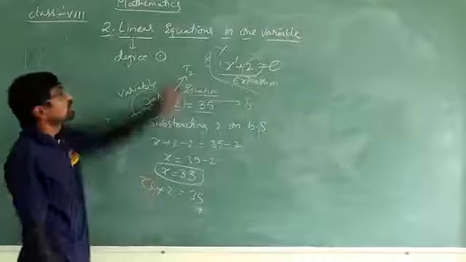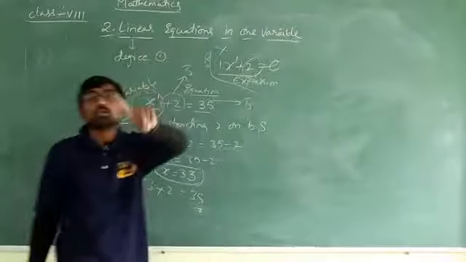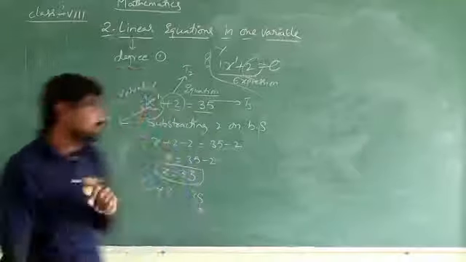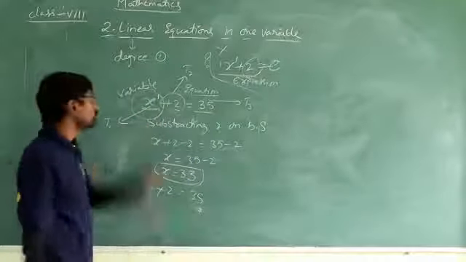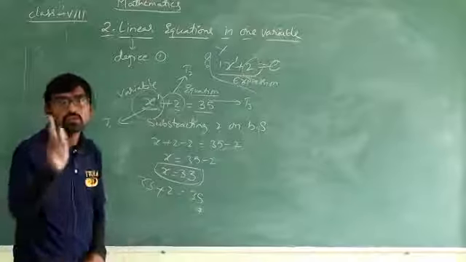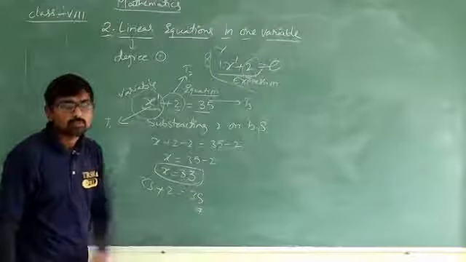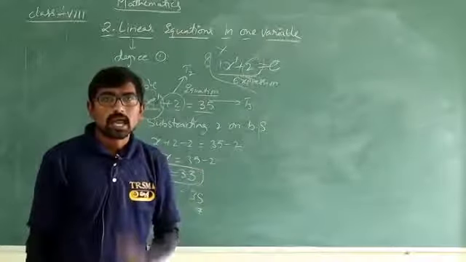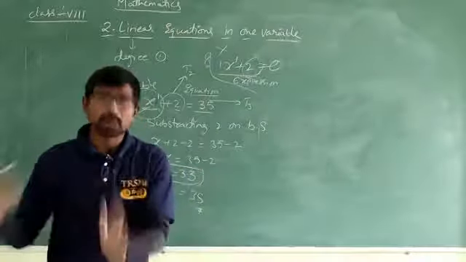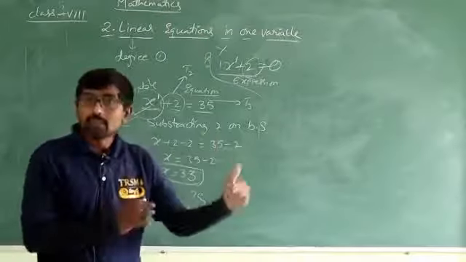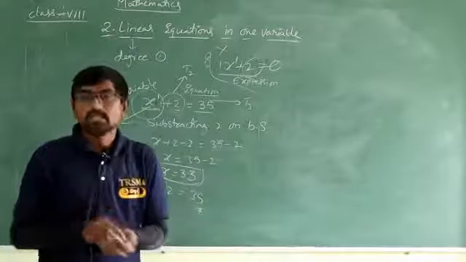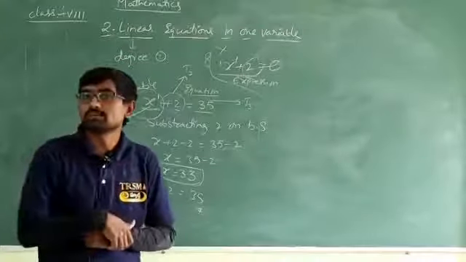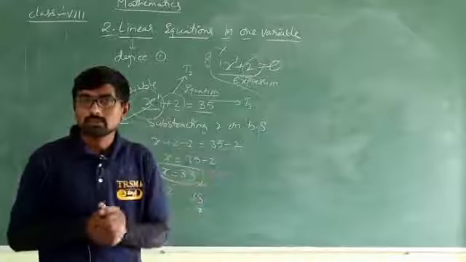Isn't it? So now, in how many variables? In only one variable. Understood? In only one variable. It means the unknown value will be only 1. If I give you one example, if I have 5 apples and some bananas, and my total number of fruits is 10, then can you tell me how many bananas are there? 5 apples.